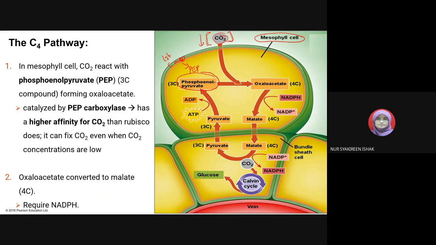So PEP, which functions as a carbon dioxide acceptor, combines with carbon dioxide, catalyzed by the enzyme PEP carboxylase, to form oxaloacetate, OAA, which is a 4-carbon compound.